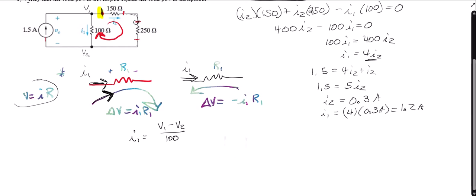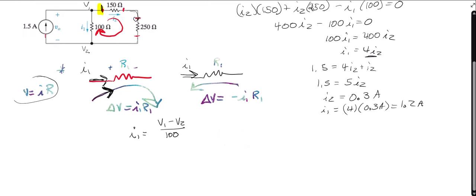And V1 minus V2 would be the same as V0, because when we label something with a voltage and we have a plus side and a minus side, that label means the voltage at the plus side minus the voltage at the minus side.